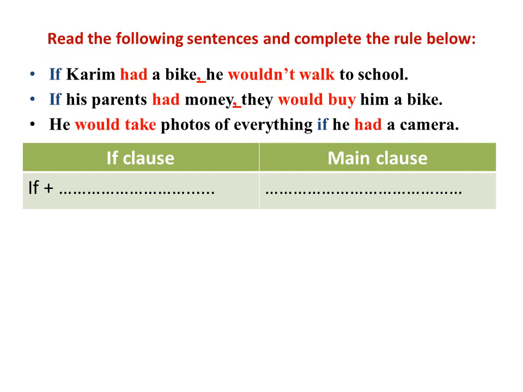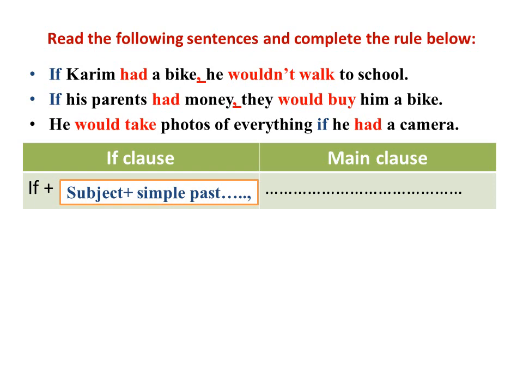Okay, so in the if clause we have if plus, which tense of the verb do we use? If Karim had a bike, so had, which tense is this? Yes, it's simple past. Very good. It's simple past of the verb. And so we have if plus subject plus simple past.